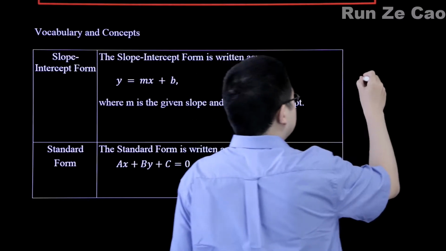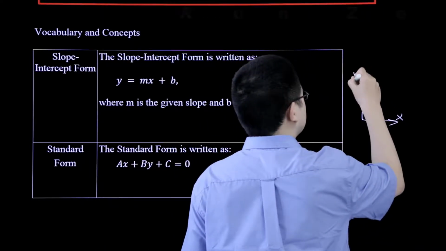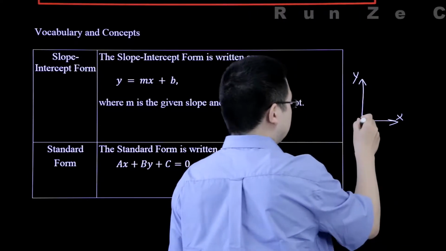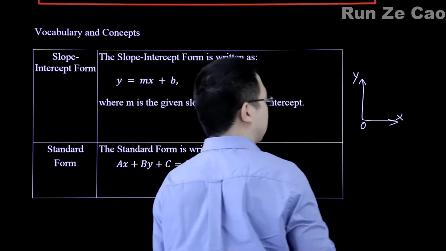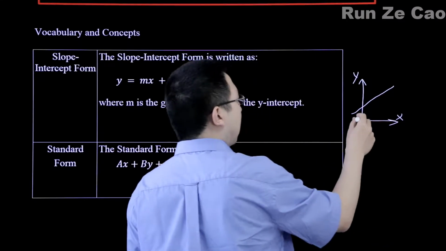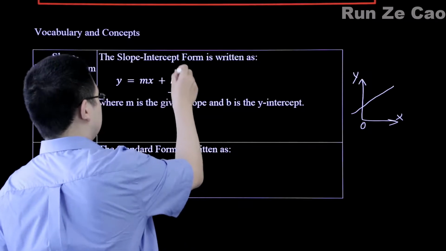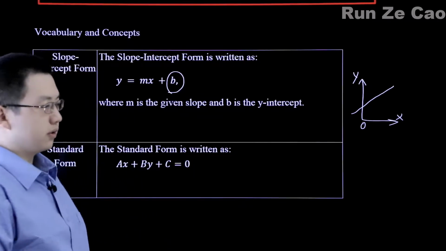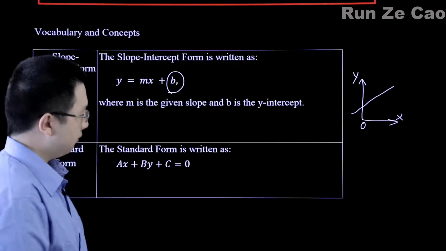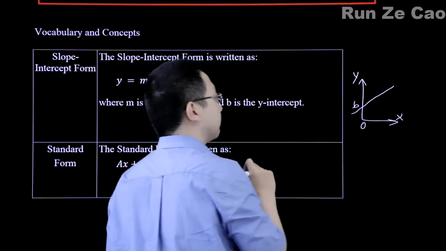Where the y-axis and x-axis meet, x is 0. So if the line at x equals 0 has a particular value, that value is entirely from this term. So the y-intercept, here the y value is b.